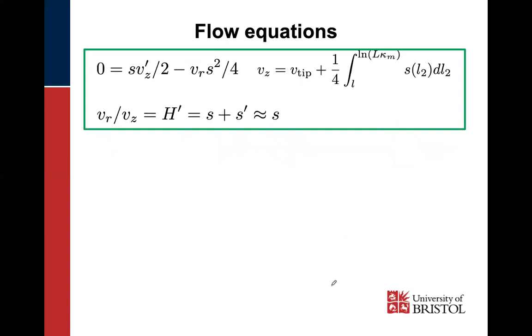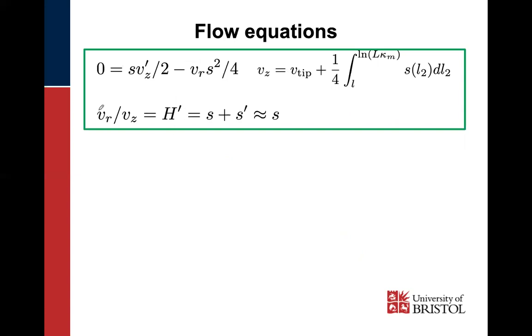And if I do that, I get a set of equations where this is the z component of the matrix relation I've shown you, and this is the r component. And all these coefficients were calculated in a way very similar to what I've just described.